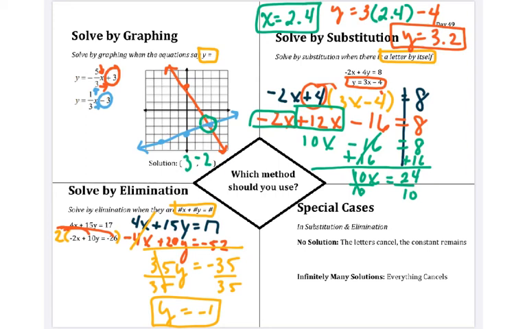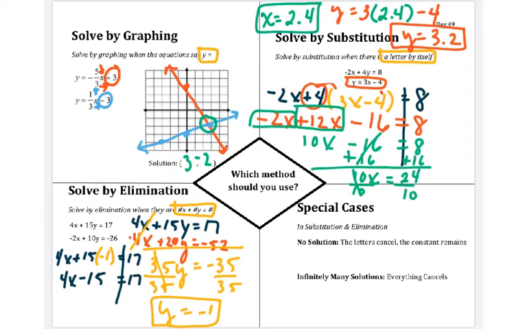So now what we keep saying, though, is that a solution is not just a number. It's an ordered pair. It's an x and it's a y. So to figure out what the x is, you pick either equation. I'm going to pick the first one. So 4x plus 15, instead of y, I know that my y value is negative 1, and that equals 17. So then I solve 4x minus 15 equals 17.